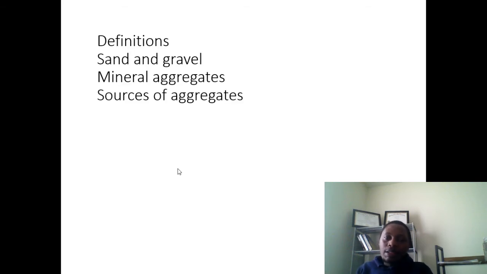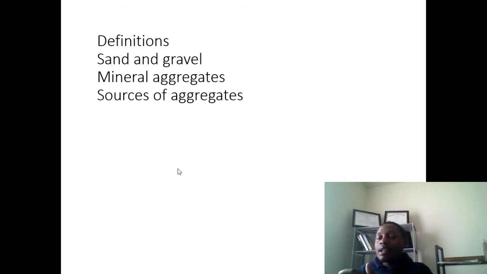So there are many definitions in your text and on that chapter on aggregates, okay? So you need to know what the definition for the coarse aggregates, definitions for fine aggregates, definitions for gravel, definitions for sand, okay? Terms like gradation, okay? Coefficient of uniformity.